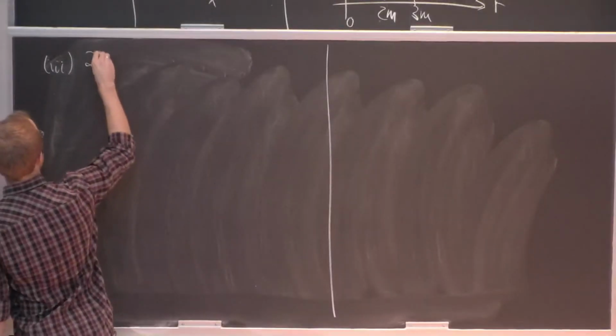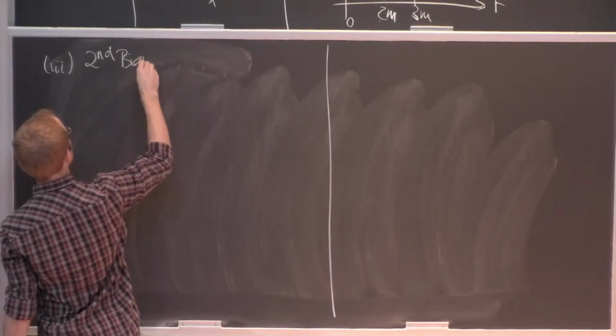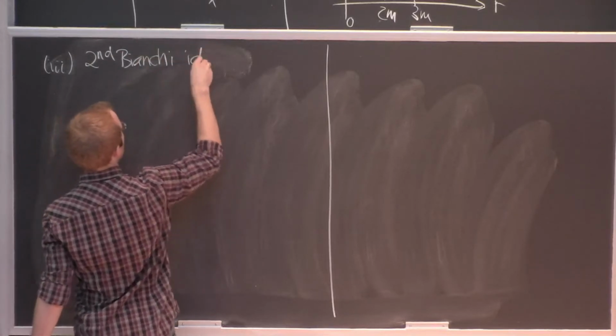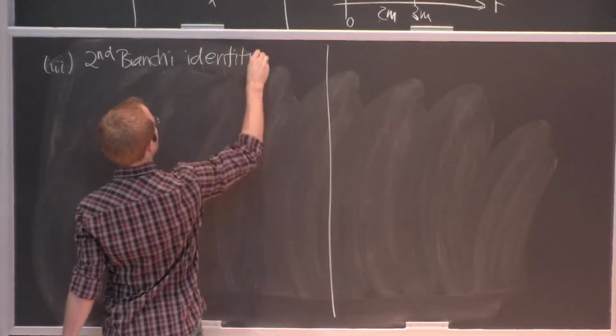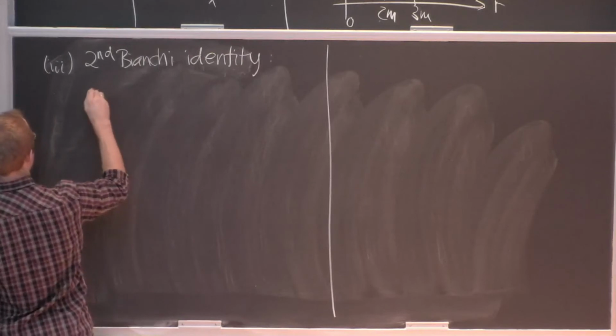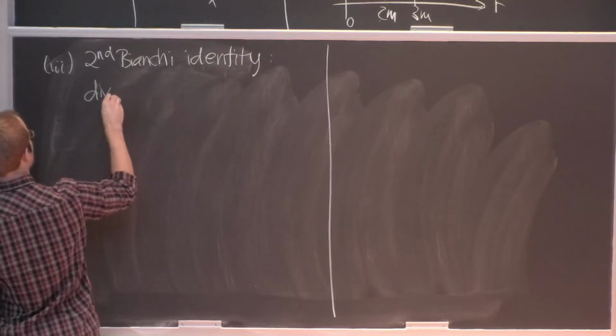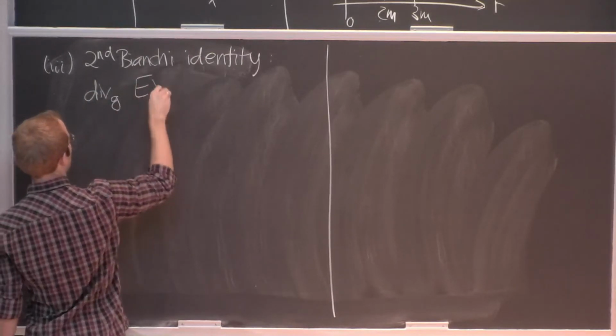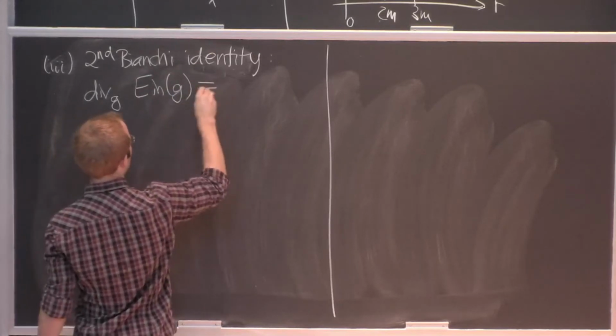which uses the so-called second Bianchi identity, which again you might know from Riemannian geometry as the statement that the divergence of the Einstein tensor of any metric is always equal to 0.